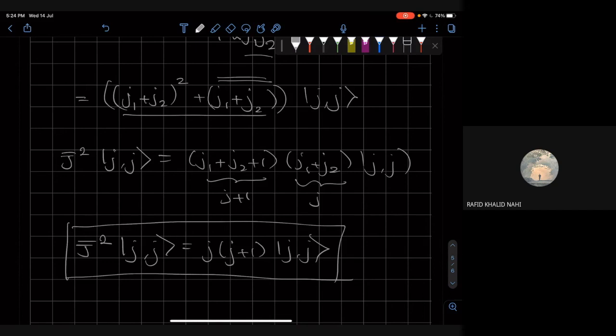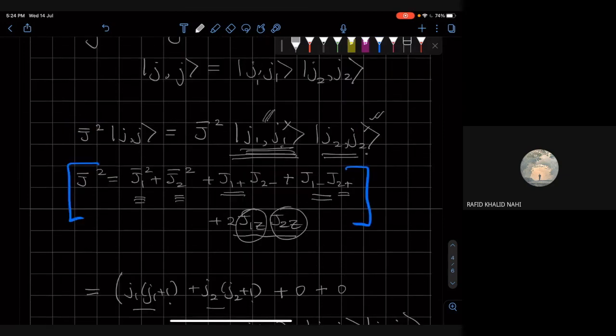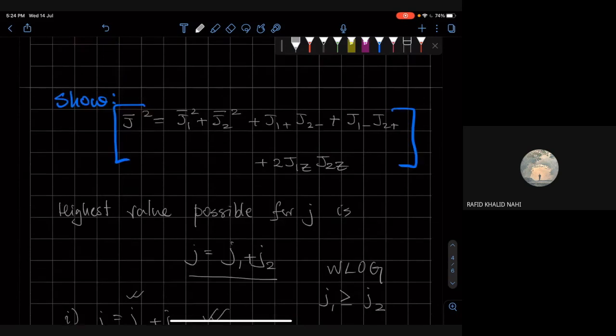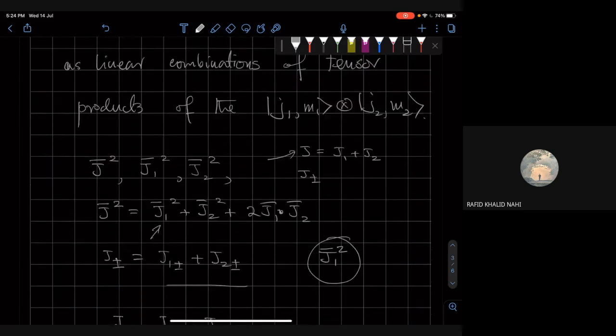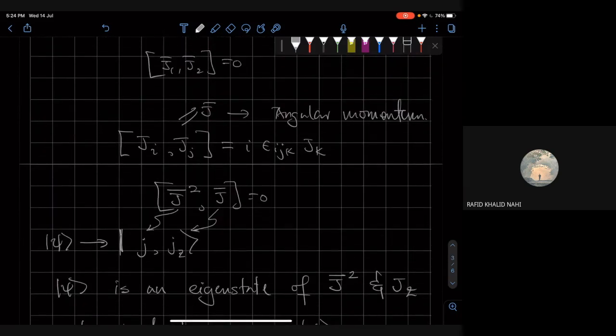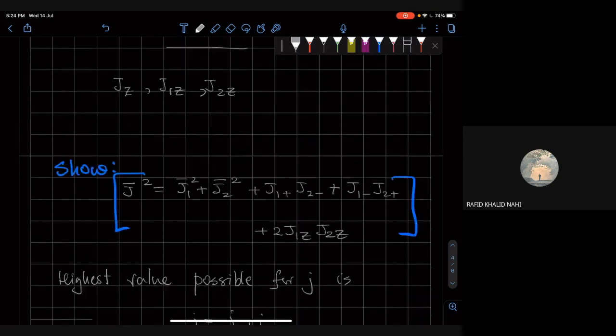Sir, is it not also a reflection of the fact that this J follows the angular momentum algebra? Yeah, of course. That is demonstrably true, right? It's not an assumption. It's just very easy to show that. I mentioned that earlier in the lecture today.